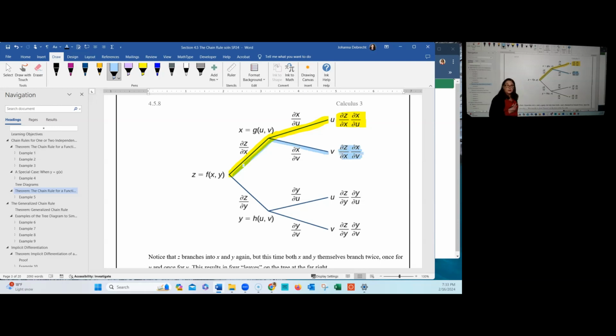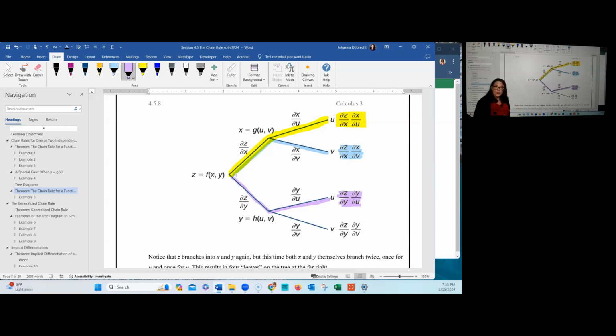Then we can follow the lower branches, which correspond to the y independent variable. If we branch along the first one, and then we take the u path, we end up with the partial of z with respect to y times the partial of y with respect to u.